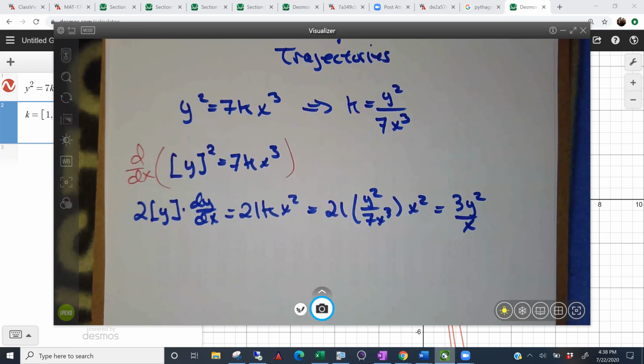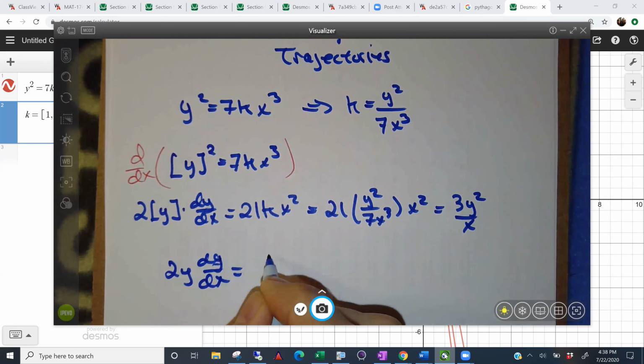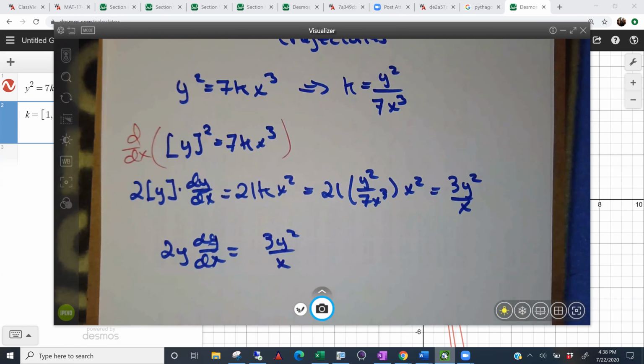Now I'm left with 2y dy by dx equals 3y squared over x. My near-term goal is to solve for the derivative here, because the derivative is going to tell me the slope of the tangent line.